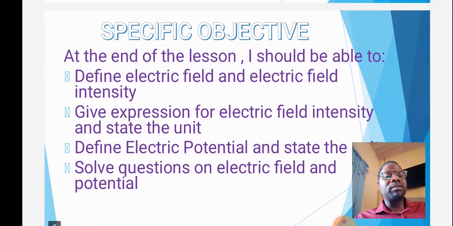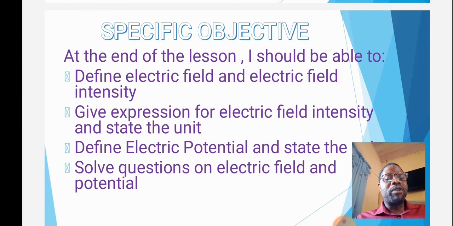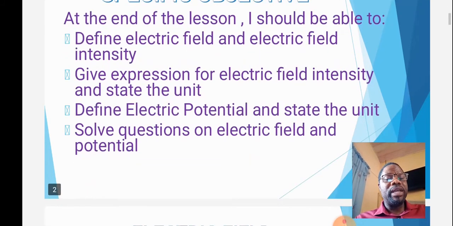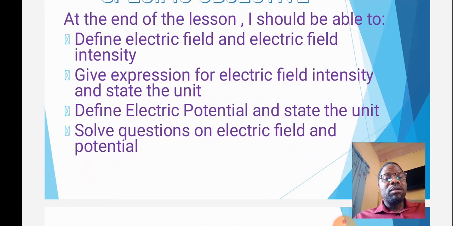At the end of the lesson, you should be able to define electric field and the electric field intensity, give expression for electric field intensity and state the unit, define electric potential and state the SI unit, then solve questions on electric field and potential.